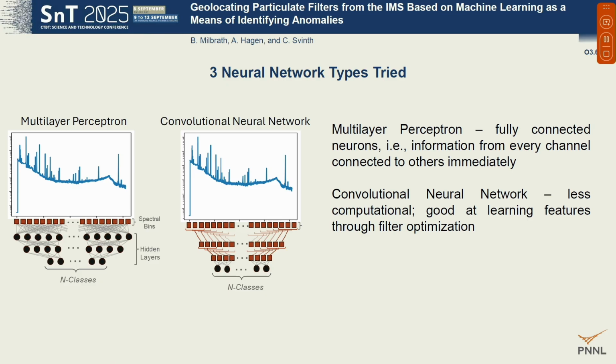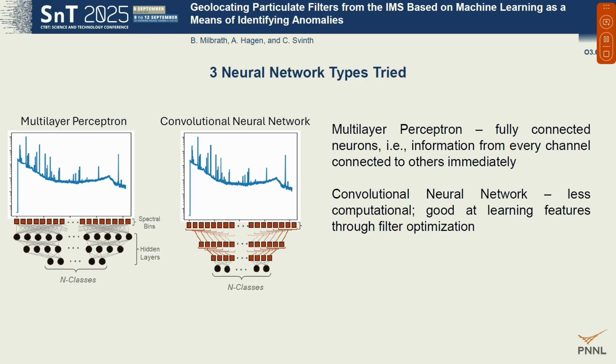We used 3 types of neural networks. Multi-layer perceptrons are ones where your neurons are fully connected. In other words, you have information immediately connected from one channel to every other channel. Much less computational is the convolutional neural network, which is good at learning features.